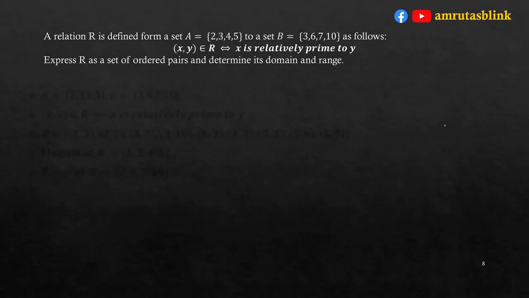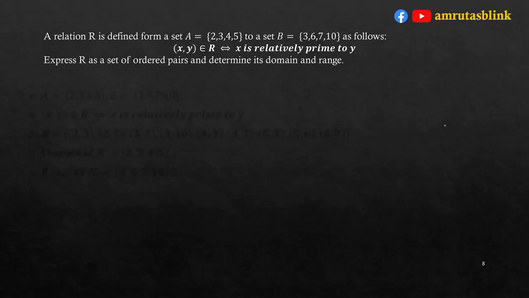Now, we know what a prime number is. A prime number is any number which is divisible by only that number and 1. In the question, x should be relatively prime to y. That means y should not be divisible by x.